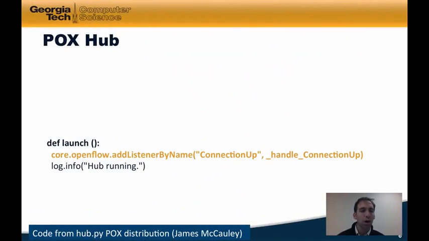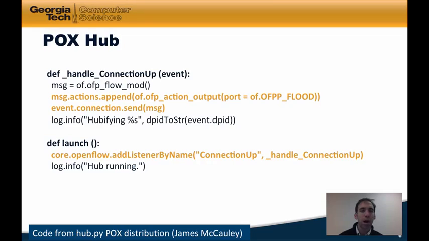Going back to the code in hub.py, we can now see what happens when the POX controller receives a connection attempt from an OpenFlow switch. What's shown here on the slide is the entire POX code for implementing a hub controller. The handle connection up method simply creates a flow modification message that we will send back to the Open vSwitch, telling the switch to modify its flow table entries.